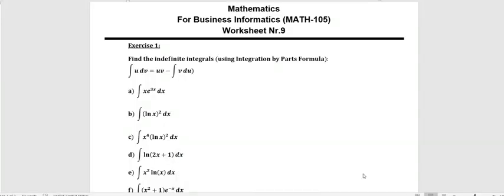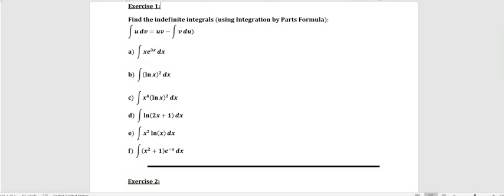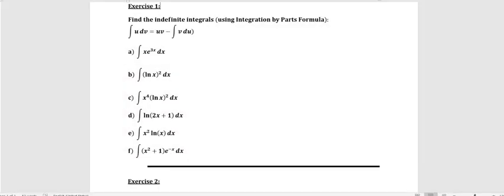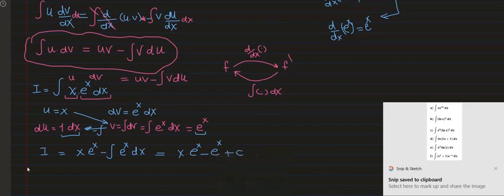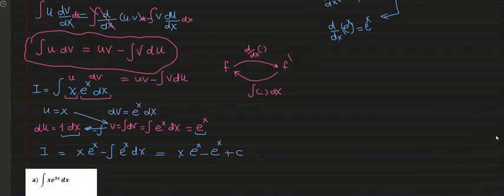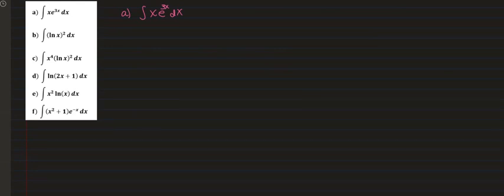Let's move to the worksheet, other problems from the worksheet, and take exercise 1. So now solving. This is a similar integral in part A, like the one we solved before.